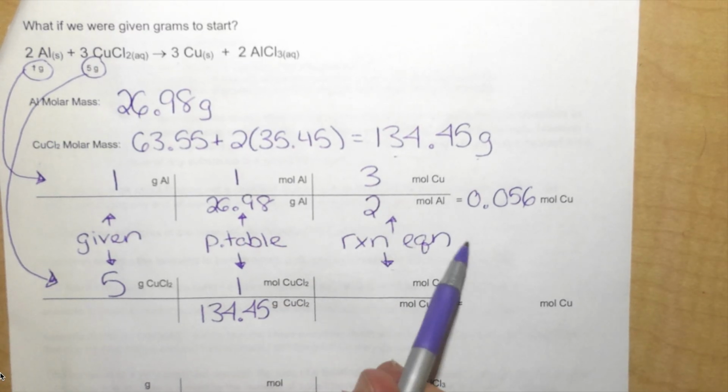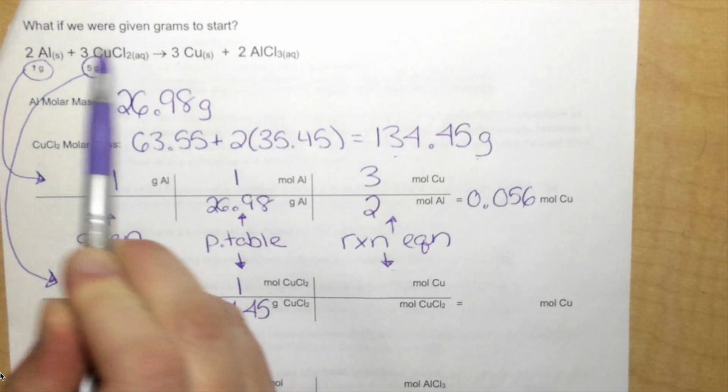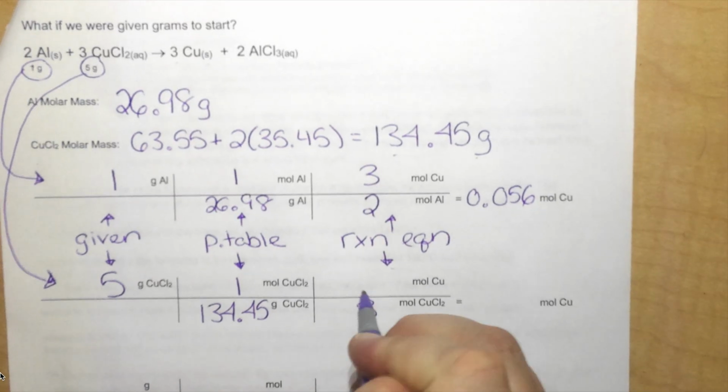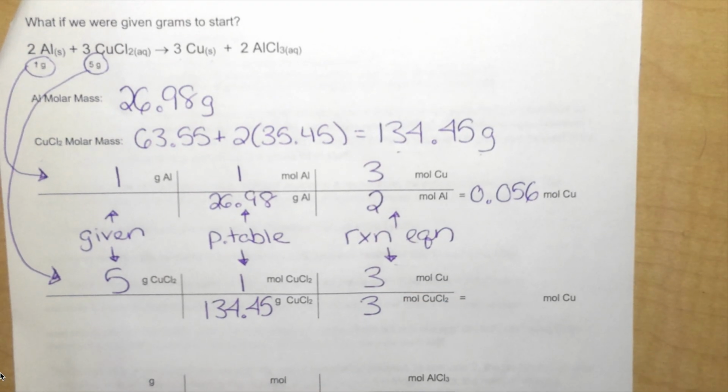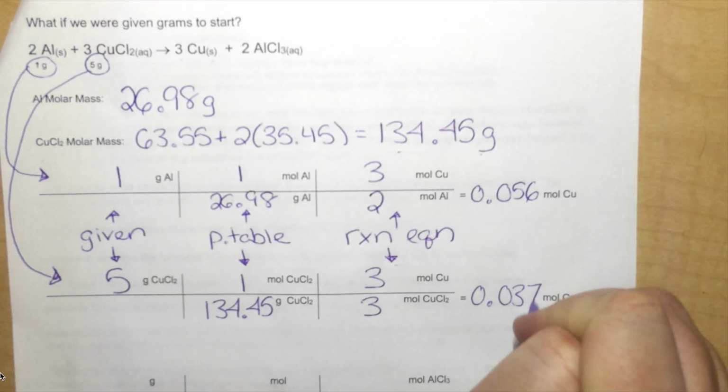And now from my reaction equation, for every 3 moles of copper chloride that react, I make 3 moles of copper. So 3 moles gets me 3 moles. So again, we're going to multiply what's on top. So you have 5 times 1 divided by 134.45 times 3 divided by 3. And if copper chloride is my limiting reagent, I am going to make 0.037 moles of copper.